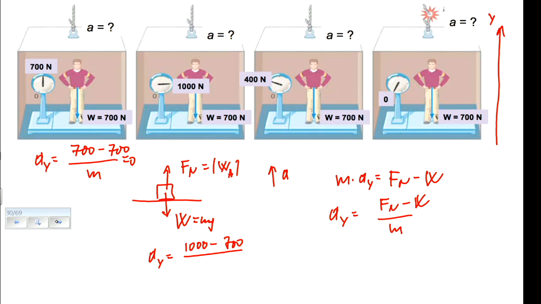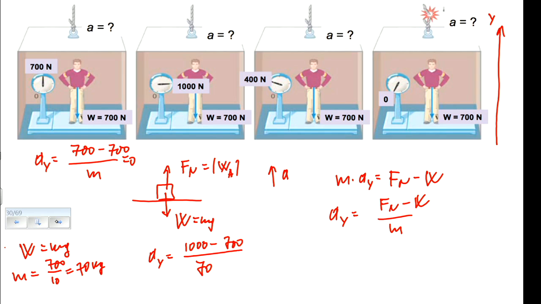Well, technically not. We know his weight, but how can we calculate the mass? Positive. So the acceleration actually should point up.